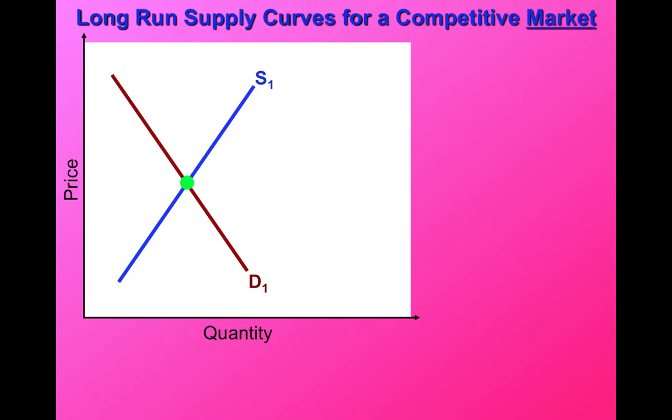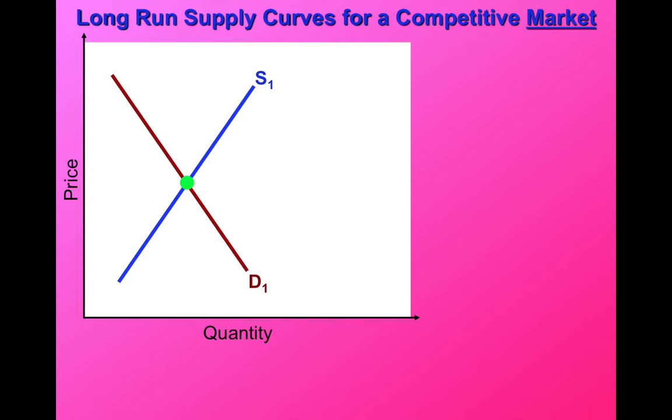And really what this is all about is, in the long run, if more and more and more firms get into a market, what happens to the costs of production in those markets? That's the question of the day.